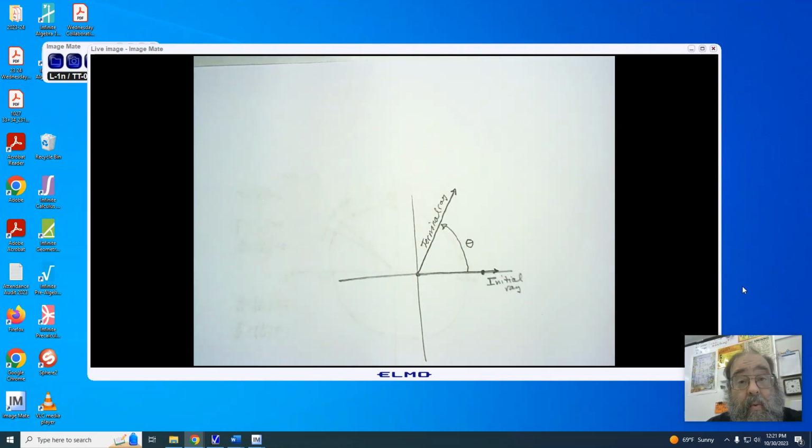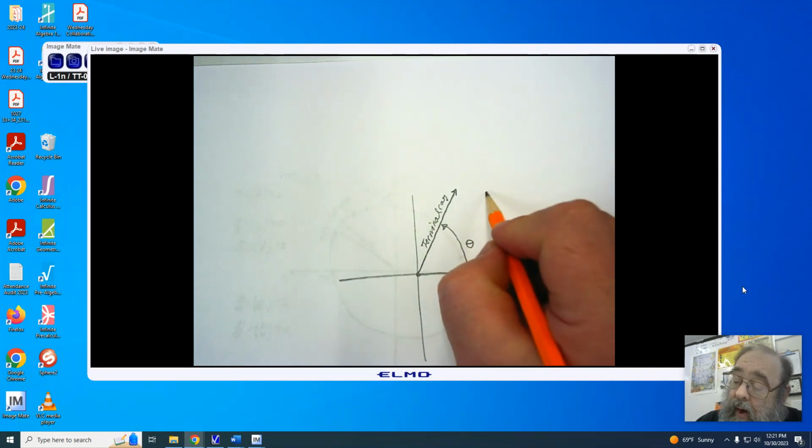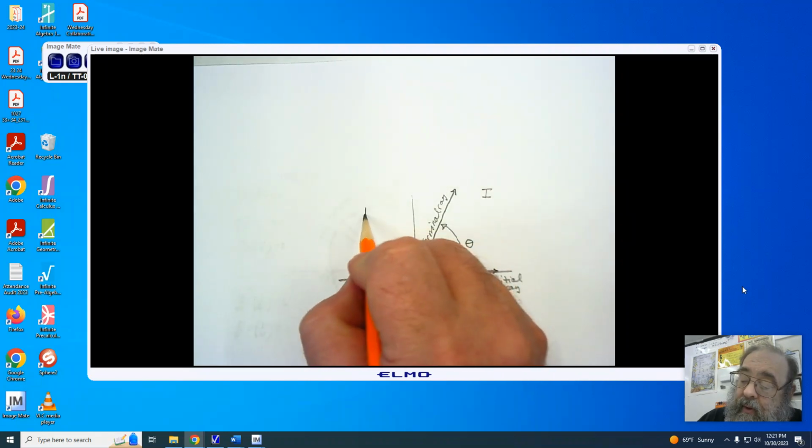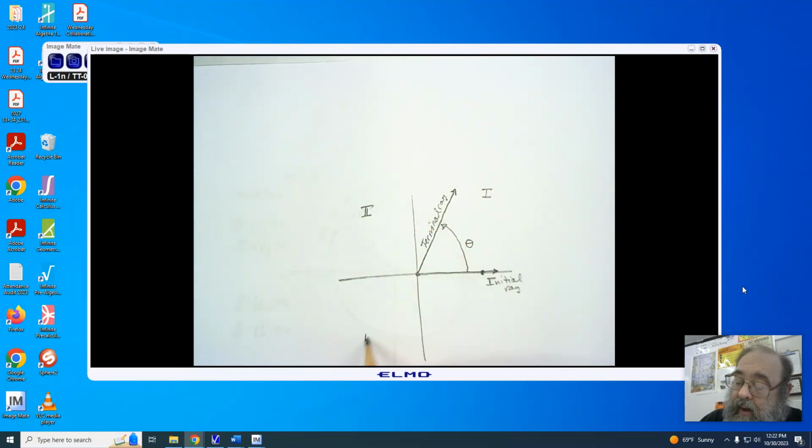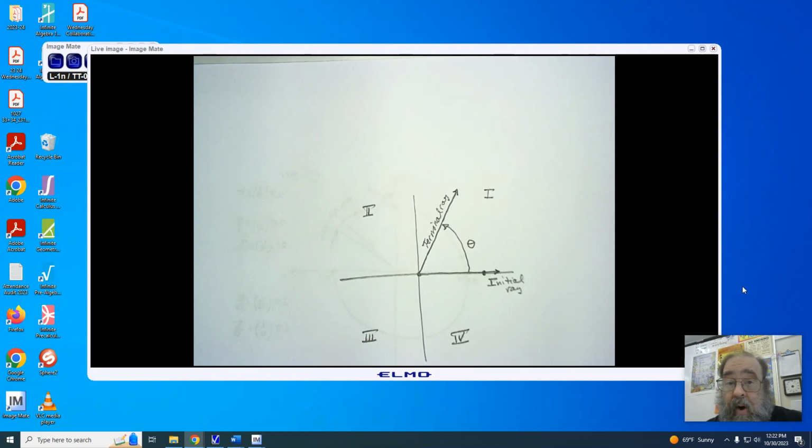Now, there are 4 quadrants that we work with when we're talking about trigonometry. We have quadrant 1, quadrant 2, quadrant 3, and quadrant 4. Be aware that the angle is made by wherever we stop.